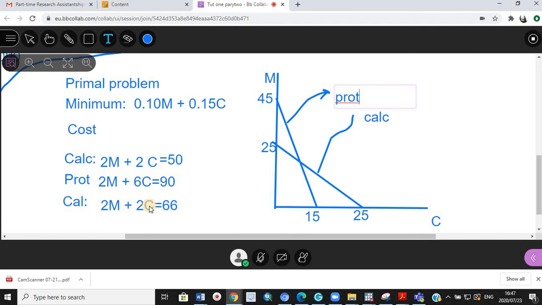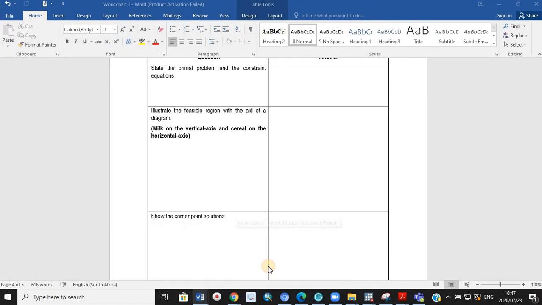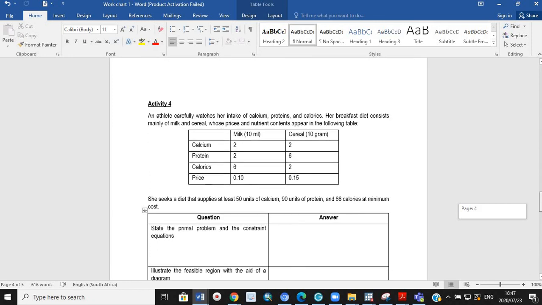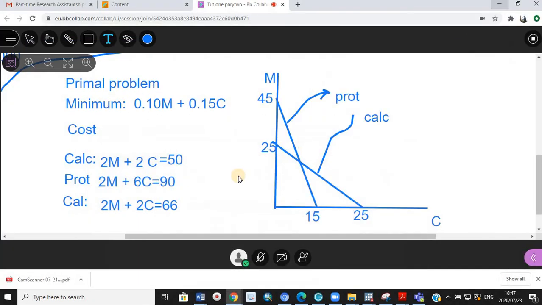If M is going to be 6.2, sorry. So here instead of 2, please just correct it, it is 6M.